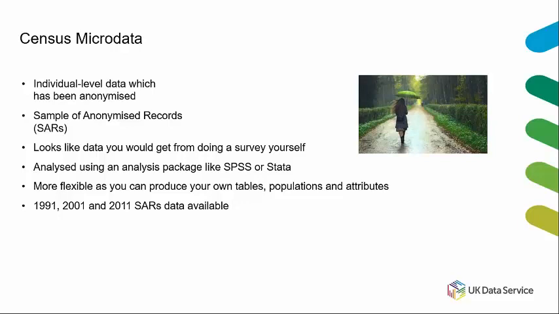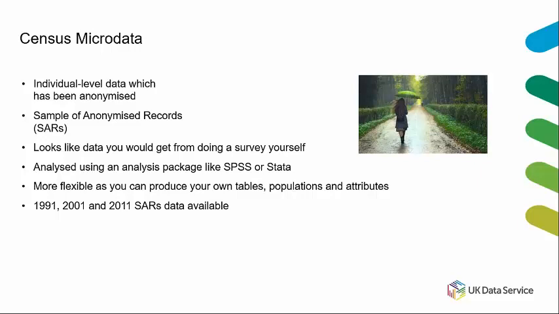So moving on to census microdata, we provide access to cross-sectional census microdata. So these are anonymised individual level records sampled from a single census. They are large individual level files which resemble the sort of data that might be collected directly from a questionnaire.